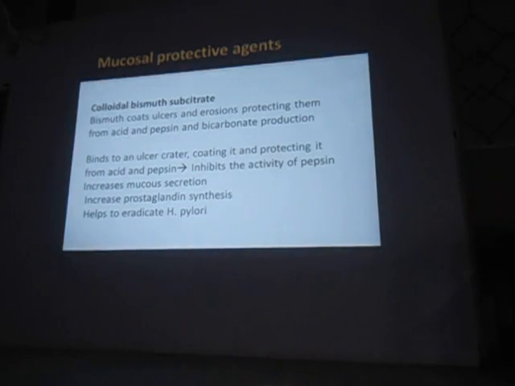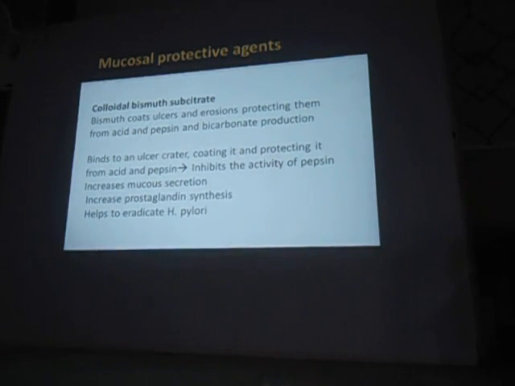Colloidal bismuth subcitrate is again one more mucosal protective. What it does is coat the ulcer layer. Bismuth can produce a black staining of the tongue. Once there is black staining, the patient will think something has happened to him, and blackening of the stools may be there.